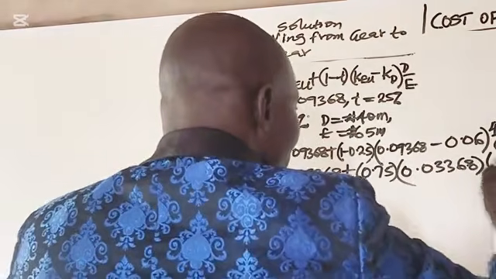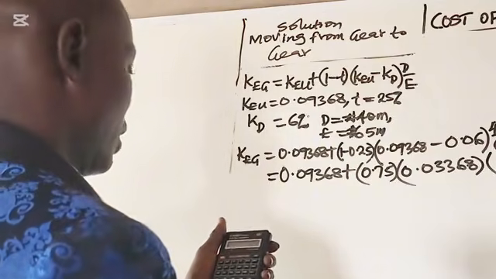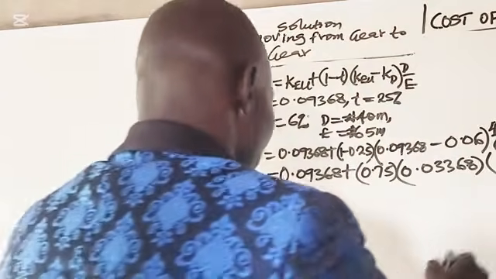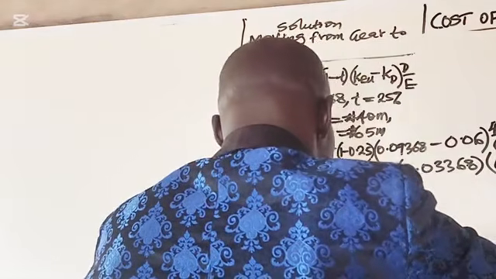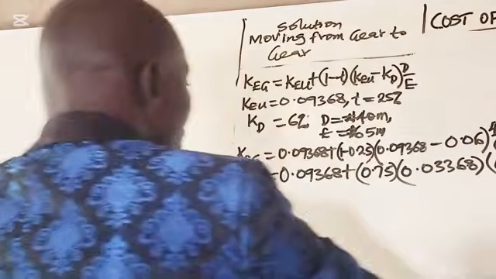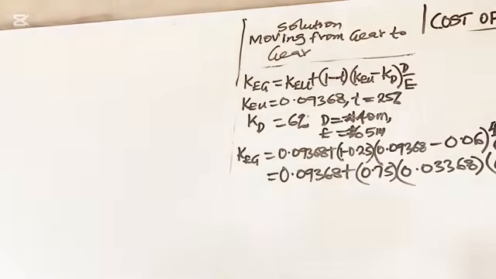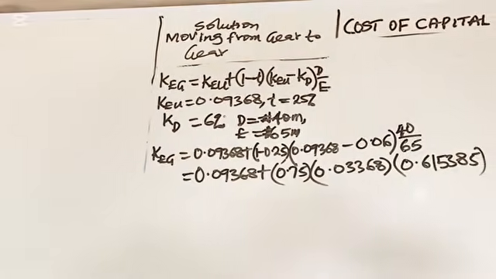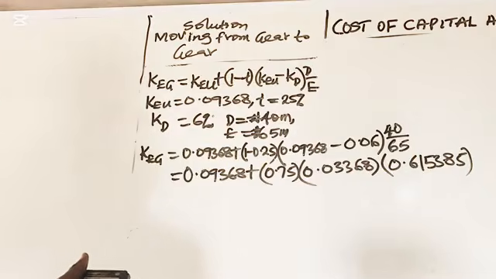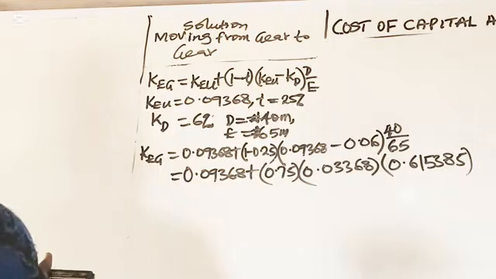Then if you divide 40 by 65, we got 0.615385. So if you multiply this out, what is the product of that? This times this times 0.03368 times 0.75.